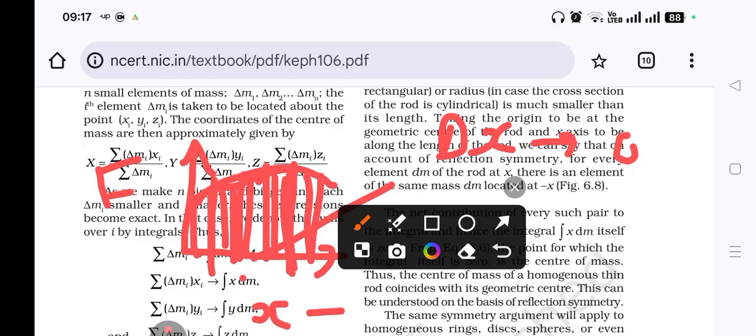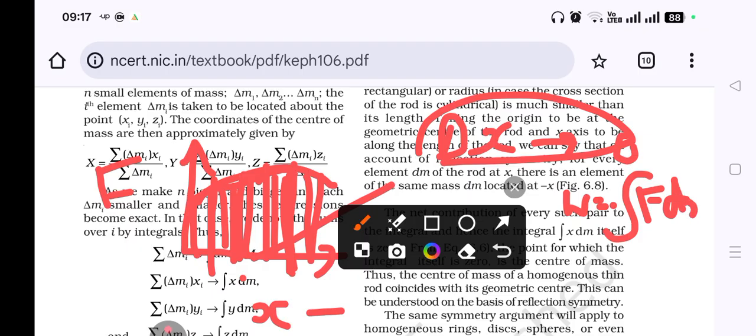This was the basic idea of integration. When we sum all these infinitesimally small strips, we get the work done, which is the integration of f dx.